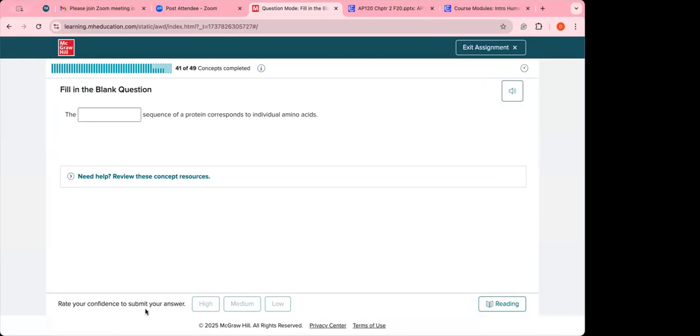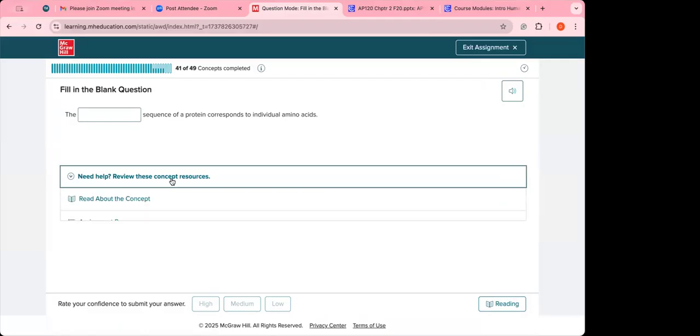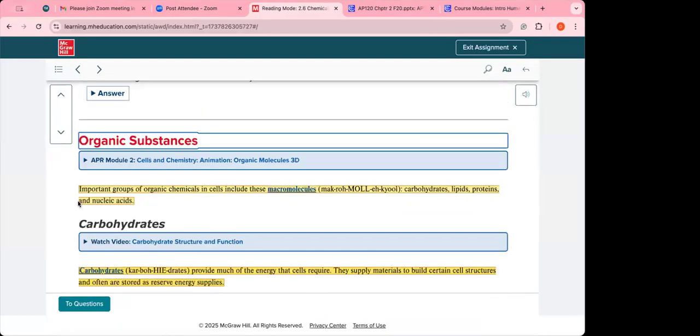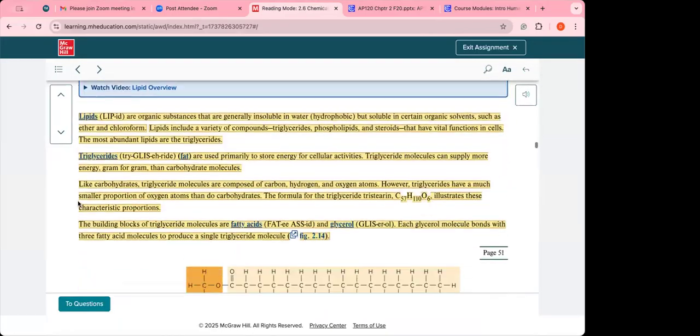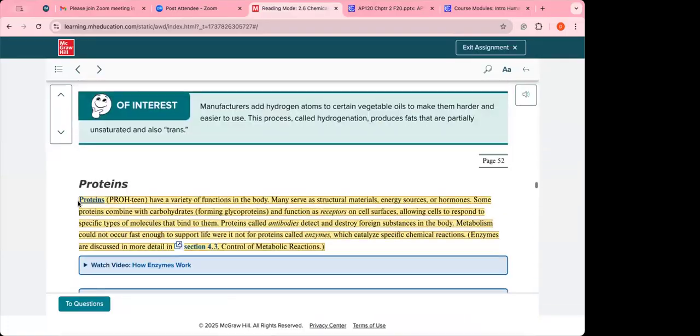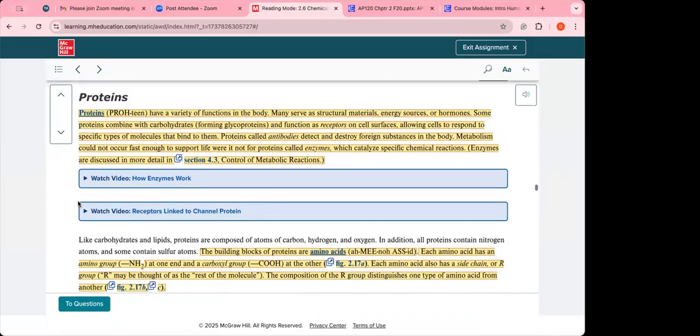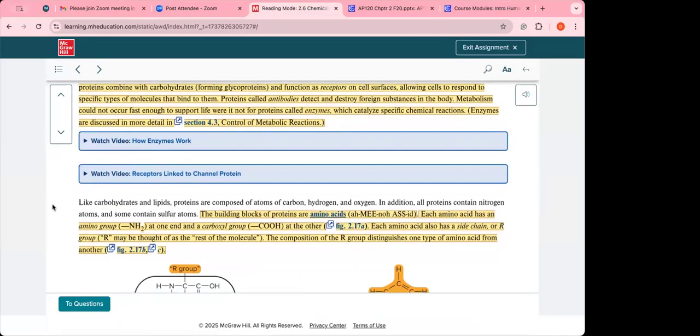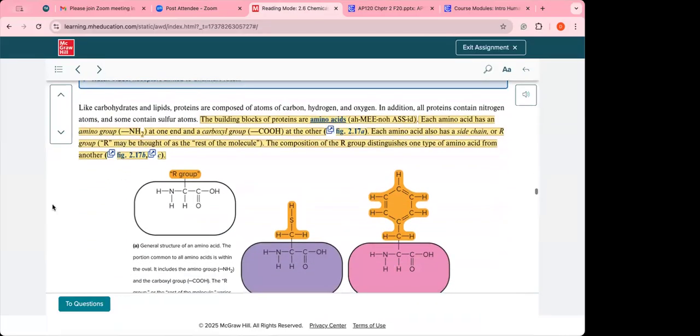Okay, so now we're back to proteins. They're asking us more about protein. So we need to go back and look at protein. The blank group of a protein. Okay, so that's the functions. Like carbohydrates, lipids and proteins are core.